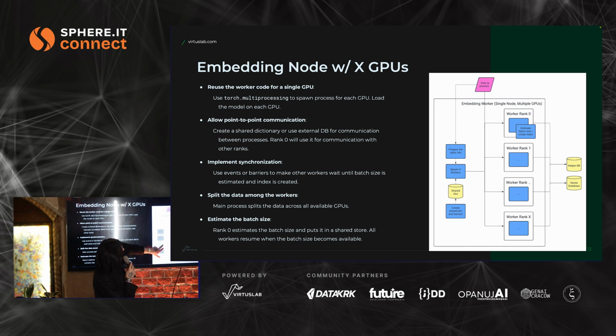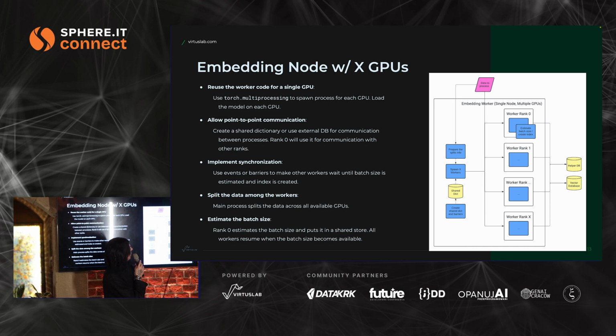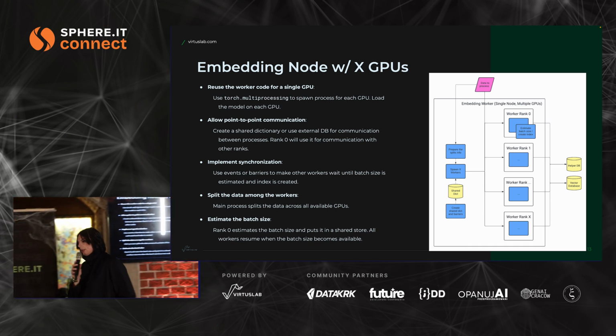So this is only happening on rank 0 to avoid any race conditions. And this is communicated after batch size is estimated. This is communicated through the shared dict and the use of barriers to other workers to synchronize the start of the embedding process. Yeah, and we still use, of course, the vector database and helper database to store the state for each of the GPUs.